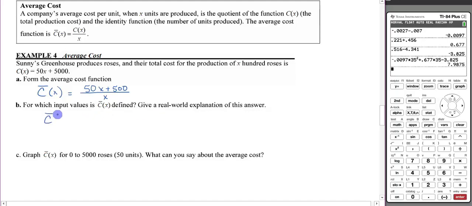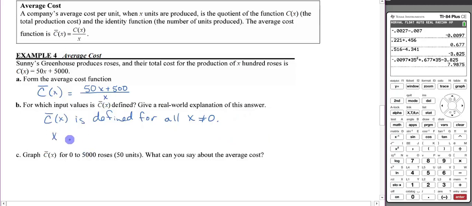C bar of X is defined for all X that are not equal to 0. As long as X is not 0, this function is defined. In the real world, however, we would also not allow negative numbers because X is the number of units produced.